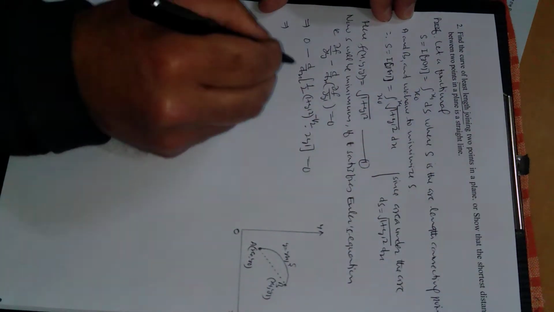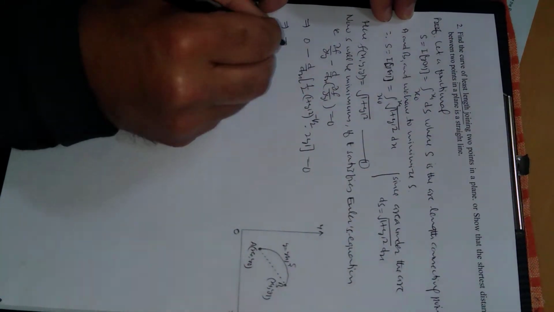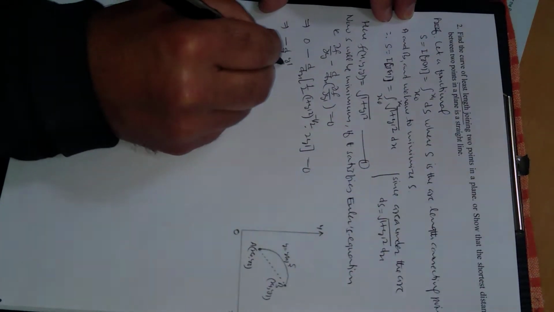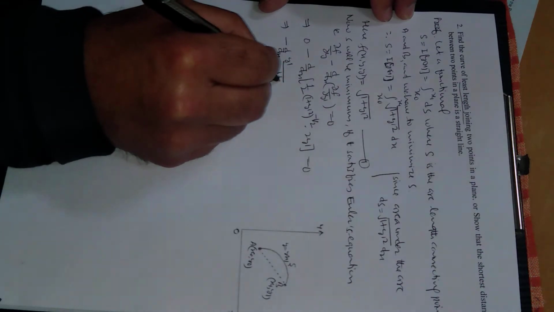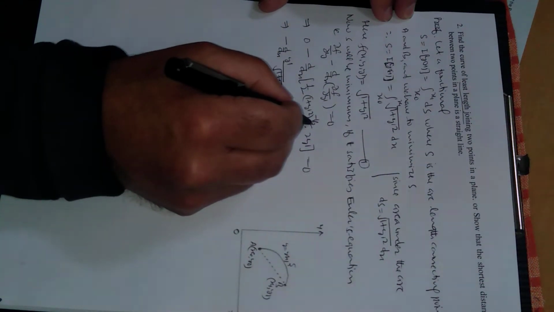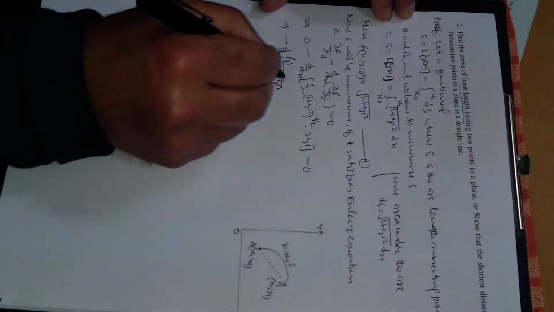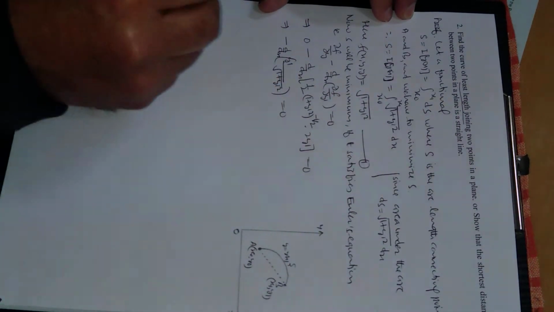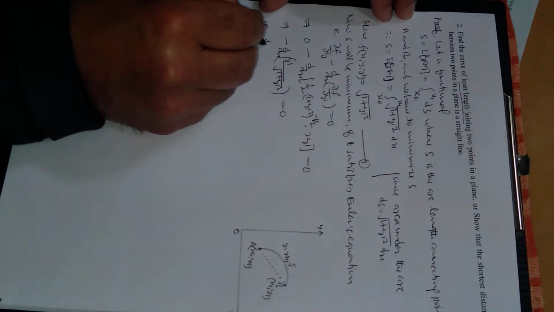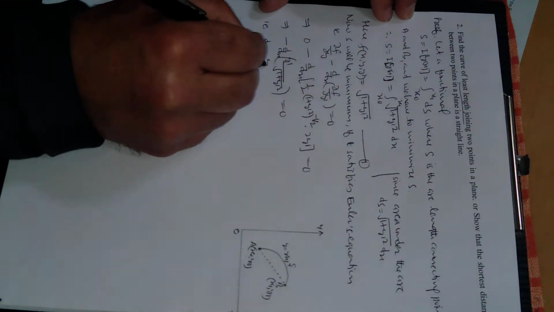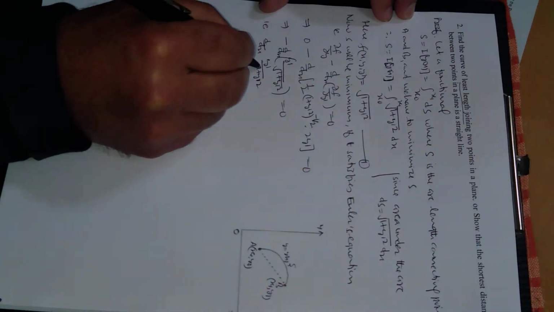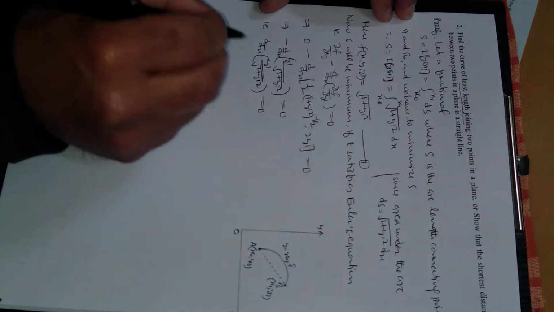The 2s cancel each other, so this is minus d upon dx of y dash divided by square root of 1 plus y dash square. Shifting this to the denominator, this is positive and the square root will be equal to 0, right? That is d upon dx of y dash over square root of 1 plus y dash square. This will be equal to 0.